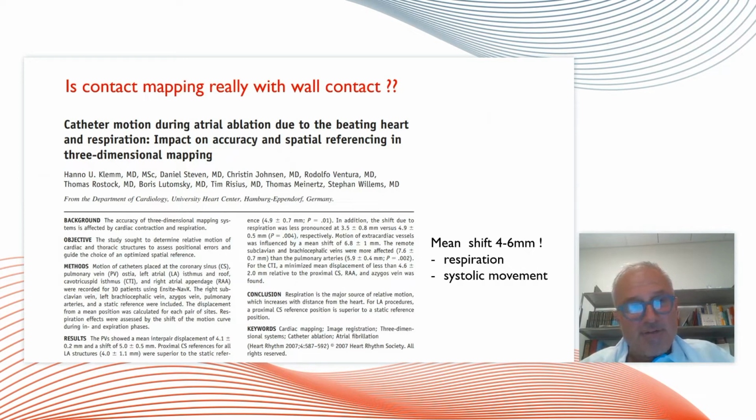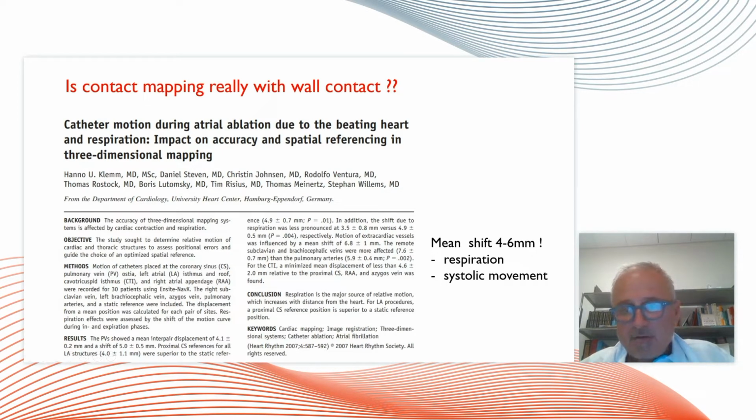Another thing to consider is, is a contact electrogram really a contact electrogram? Is it really in wall contact? You know that the patients are breathing, that you have a systolic movement, and the mean shift of these two is about 4 to 6 millimeters.